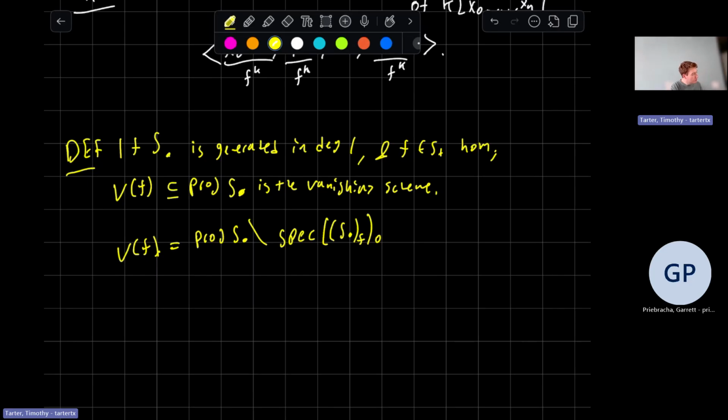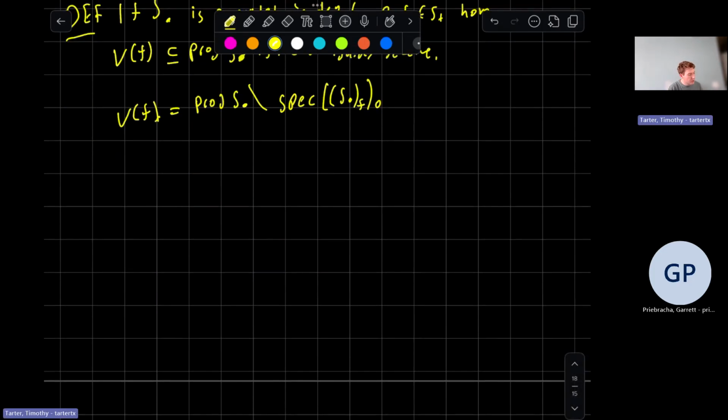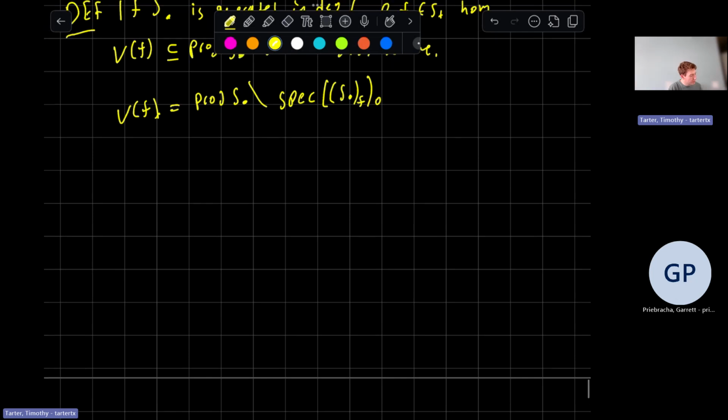So, naturally, a scheme which is isomorphic to Proj S bullet is a projective scheme. A quasi-projective A scheme is a quasi-compact open subscheme of a projective A scheme.